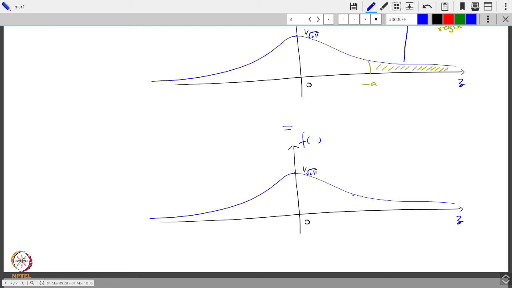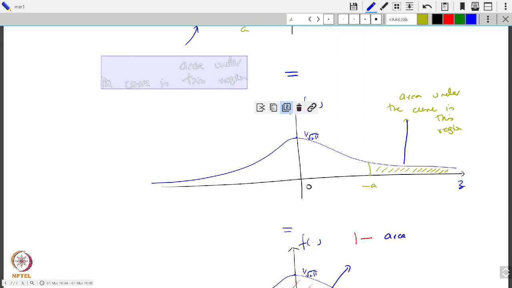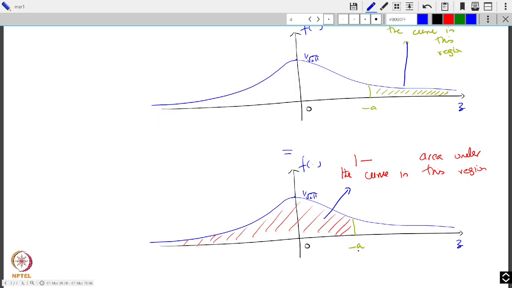So same as, I put this point minus a here, same as, let me copy this whole thing in red, this thing is the same as 1 minus the area under this region, right? Quite cool. But this is now positive.